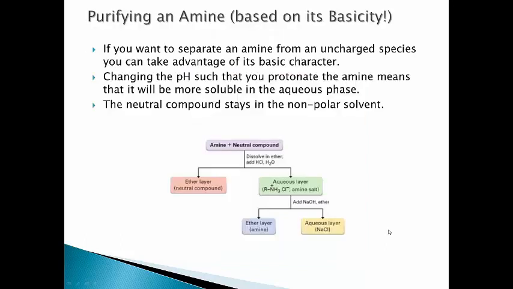So purifying amines. Purifying amines can be done based on the basicity of your amine, knowing that amines act under certain conditions a certain way. Okay. So if we've got an amine and a neutral compound, what we can do is dissolve it in some acid, and we would get the RNH3 plus.